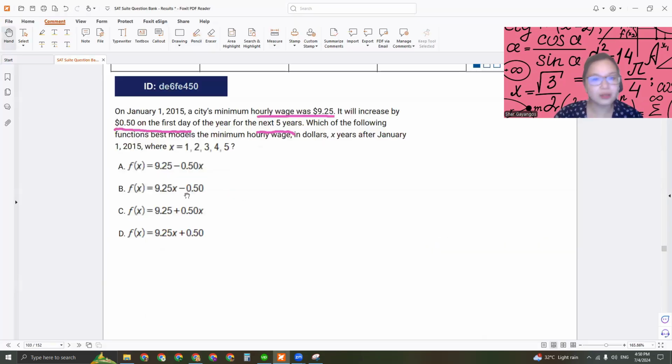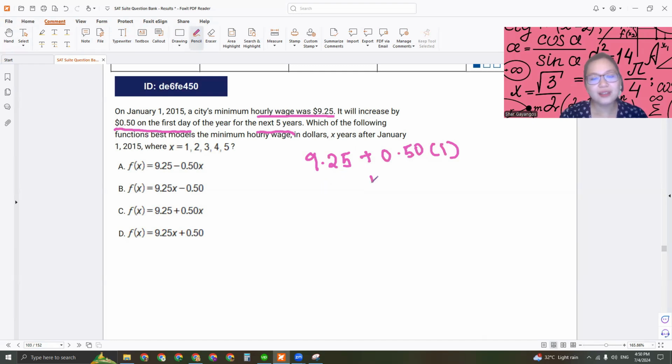Oh, okay, so we really do have x is equal to 1, x is equal to 2, 3, 4, 5. I just wanted to double check if I have all the right values. So we started with 9.25, right? So meaning on the first year, you'll have 0. The year after that, it is the minimum wage, correct?